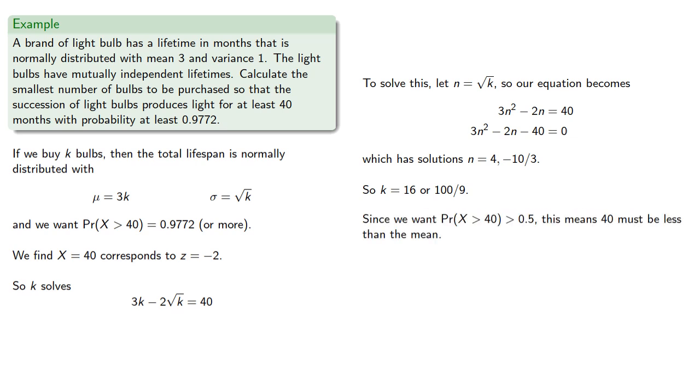Now, remember, we want the probability that x greater than 40 to be greater than 0.5, which means that 40 has to be less than the mean. But if k is 100/9, the mean will be 100/3, 33, and so 40 will actually be greater than the mean, so k can't be 100/9.